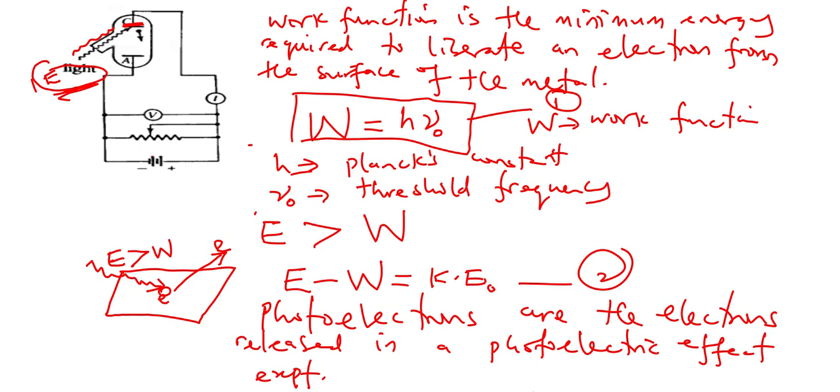If you want to stop them, you reverse the direction of the battery and you vary this rheostat till you get to a point whereby no current is recorded by this ammeter. No current is flowing again. So that voltage, we call it the stopping potential.